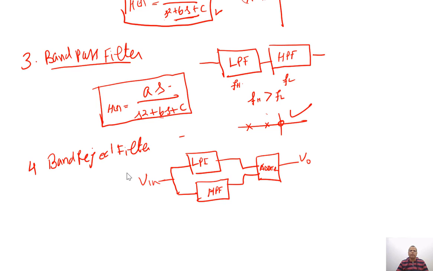So in that case, what will be the transfer function? H(s) will be simply the sum of the transfer functions of these two, that is A1 by 1 plus B1 S, plus A2 S by 1 plus B2 S, something like this, right.